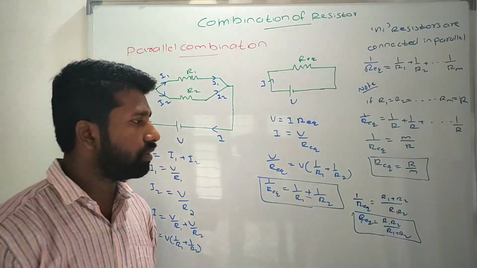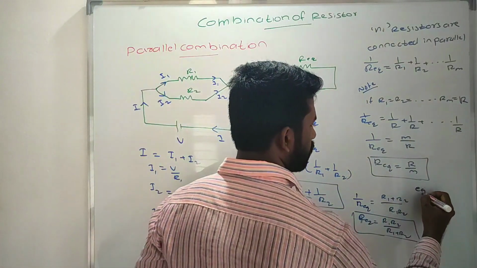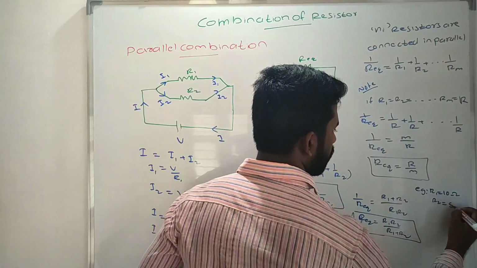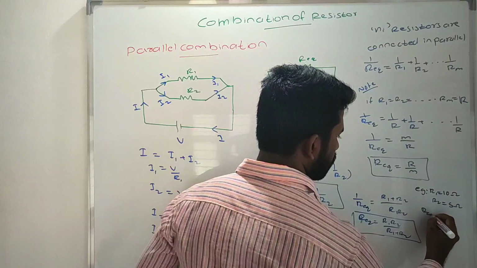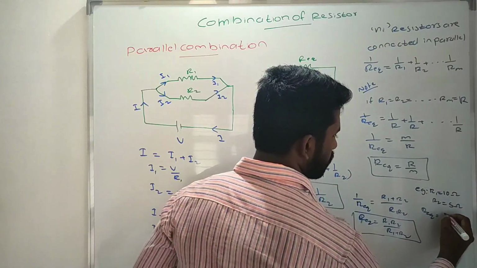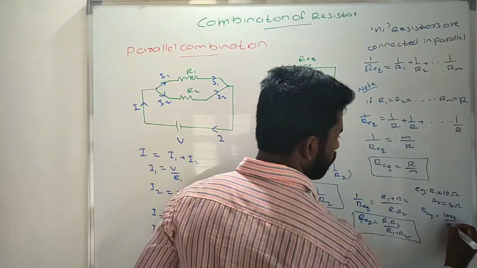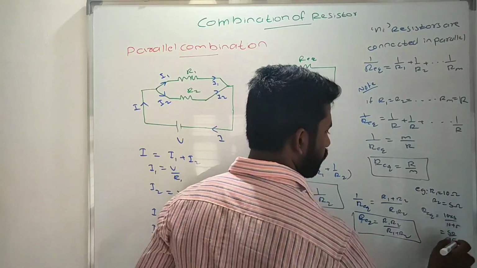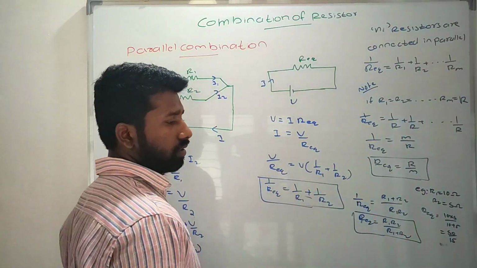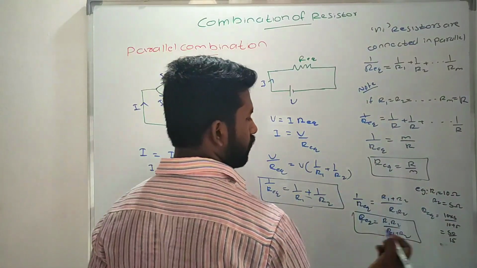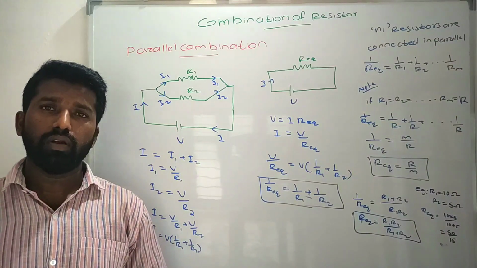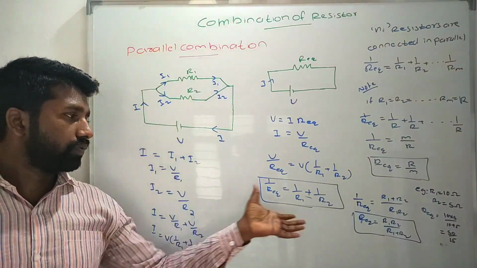If R1 is equal to 10 ohm and R2 is equal to 5 ohm, you just directly multiply: 10 into 5 divided by 10 plus 5, that is 50 divided by 15. Easily we can find it like this. Clear? Okay. This way we can find the equivalent resistance of a combination of resistors.